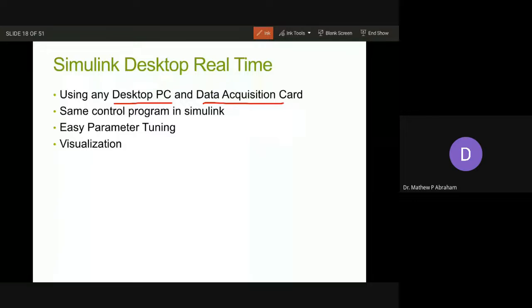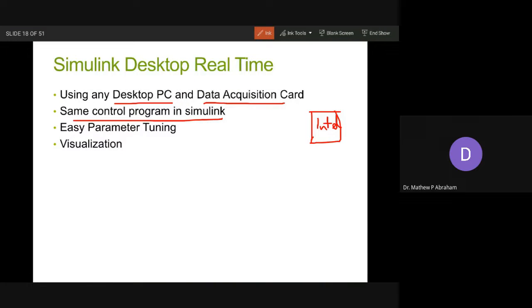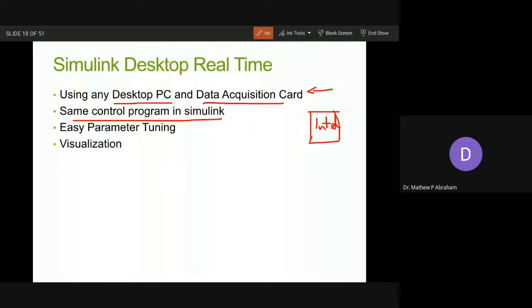The same control program we have written in MATLAB Simulink can be directly converted into code which will be run in the microprocessor. And the microprocessor is nothing but the Intel or AMD processor inside your computer. The processor takes care of creating these pulses, and it gives out the pulses directly to the outside world using this data acquisition card.